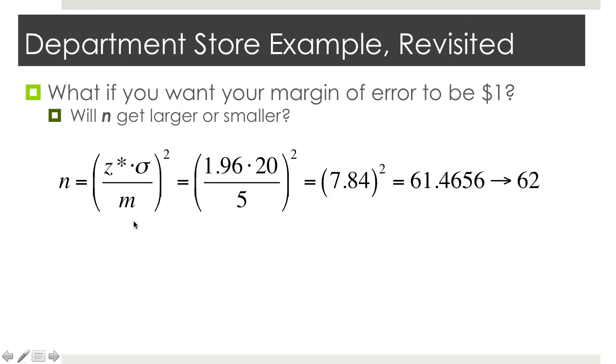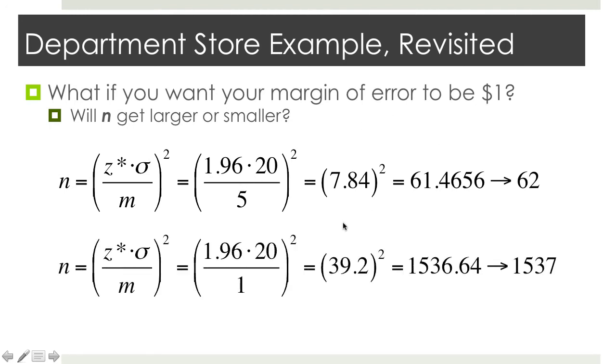So in this case, as before, we saw the margin of error was 5, and we needed a sample size of 62. If we replace this margin of error 5 with the new value 1 that we want, your expression is the same everywhere else except here, but now this number gets a lot larger, and therefore when you square it, it gets much, much larger, and so your sample size is huge.